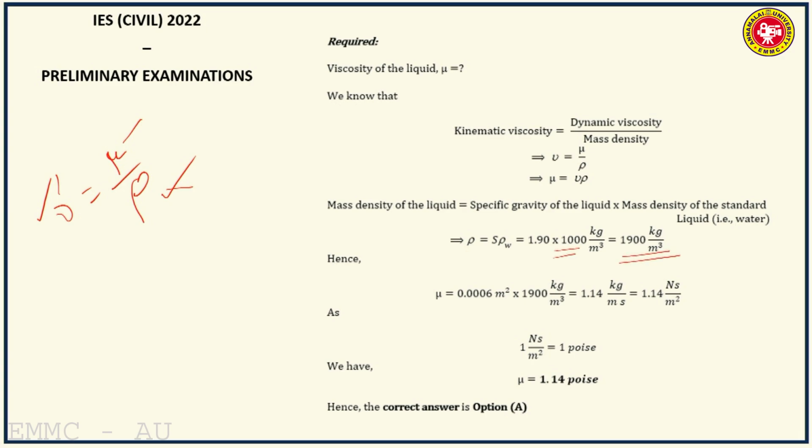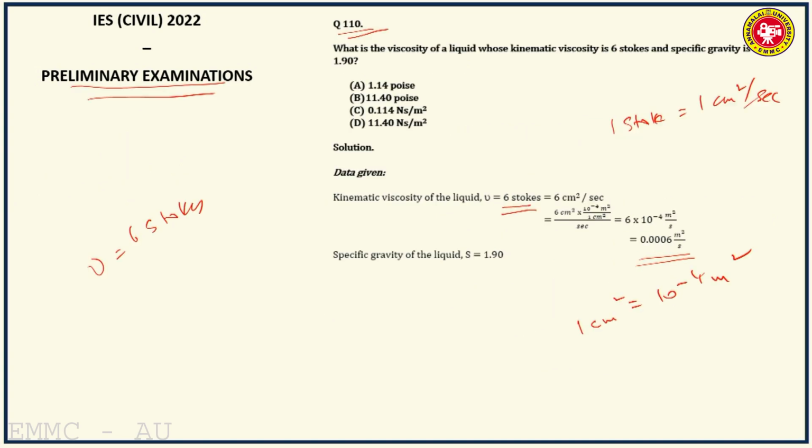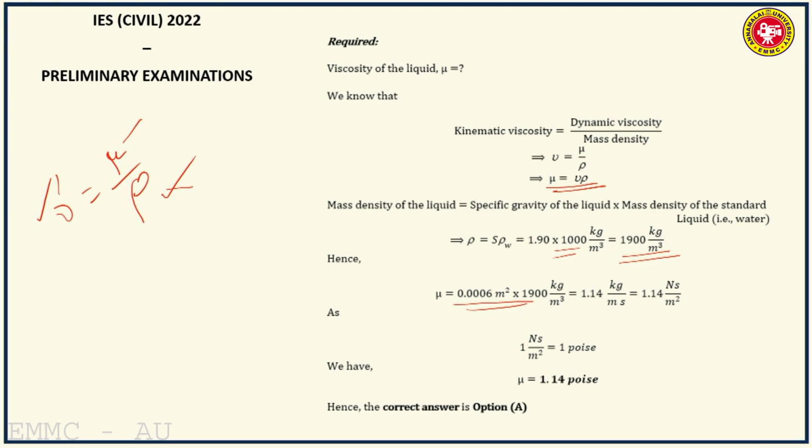You get 1900 kilogram per meter cube. So mu is equal to nu rho. Nu we have just computed in SI units, 0.0006 meter square per second, multiplied by 1900 kilogram per meter cube, you get 1.14 kilogram per meter second, or 1.14 Newton second per meter square.